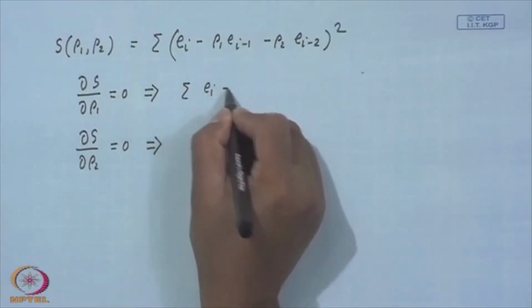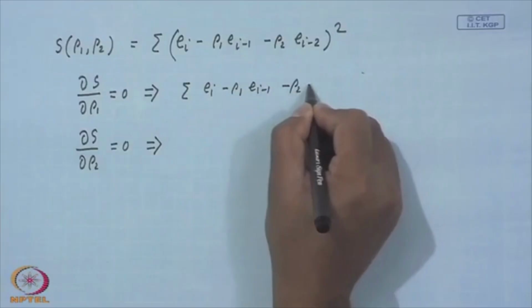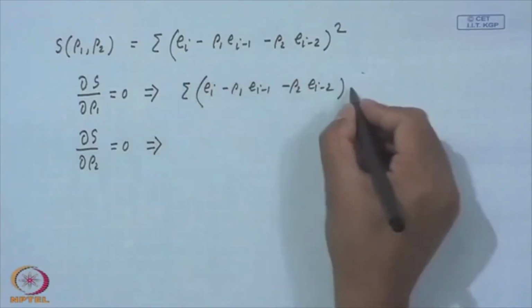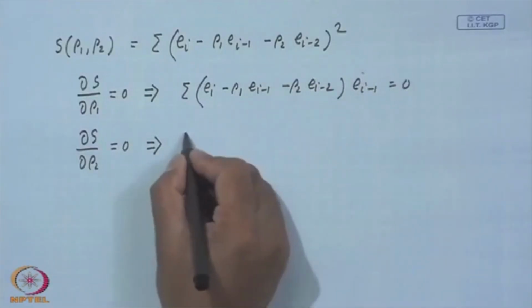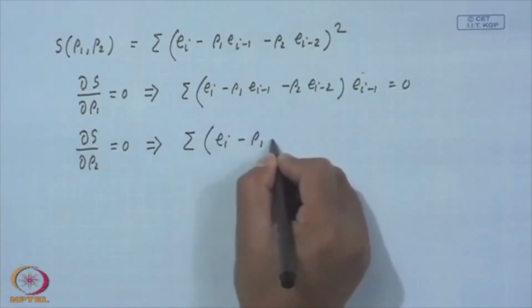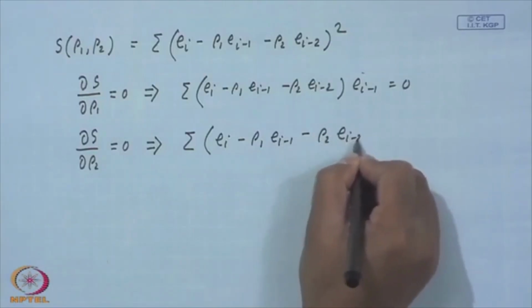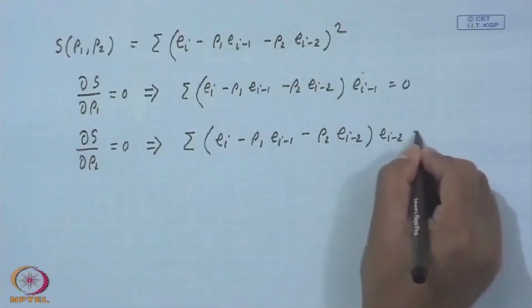So, the sum of e i minus rho 1 e i minus 1 minus rho 2 e i minus 2, into e i minus 1, is equal to 0. This is the first normal equation, and the second normal equation is the sum of e i minus rho 1 e i minus 1 minus rho 2 e i minus 2, into e i minus 2, equal to 0.